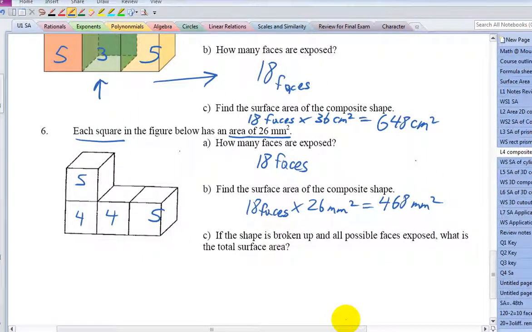Okay. 468, hands up if you got that. Good. Any questions?